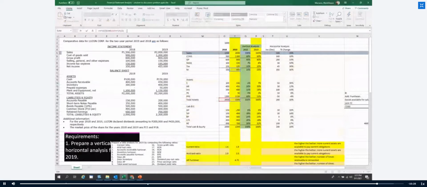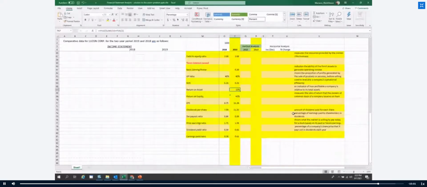The numerator is your net income. So that's 455 divided by the average of these two, which is 22%. Again, 22%, this is an indicator of how profitable a company is relative to its total assets.